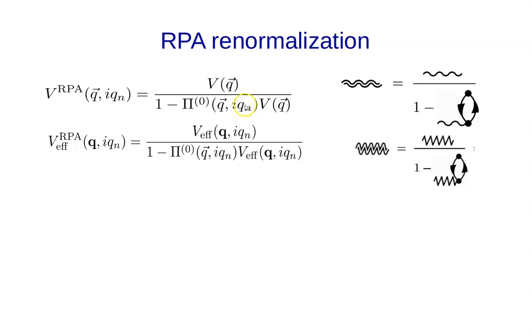So it is essentially V of Q divided by 1 minus pi 0 of Q times the Matsubara frequency times the Coulomb repulsion, right? Same Coulomb repulsion here. And this, of course, introduces a shorter range for the effective interaction in the RPA language.